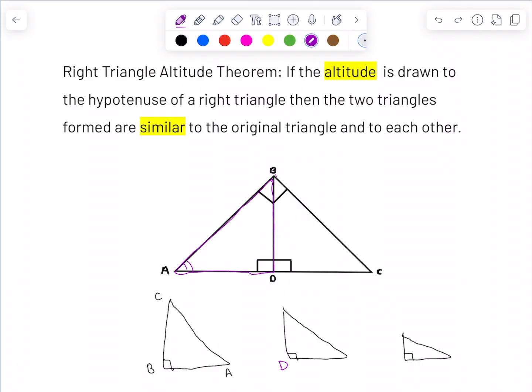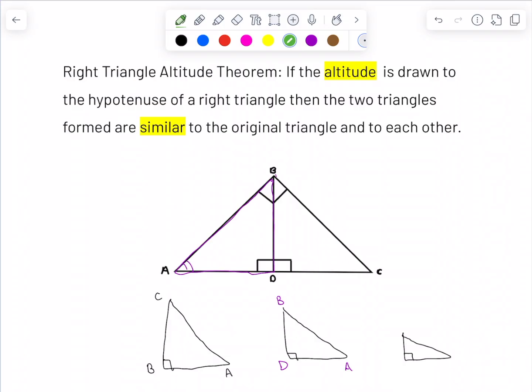So since angle A is shared and angle A is in the bottom right of the first triangle, we need to put it in the same spot, the bottom right, when we're labeling the second triangle. Because if it's shared, it needs to match up in the two triangles. And then that leaves B to be left over.